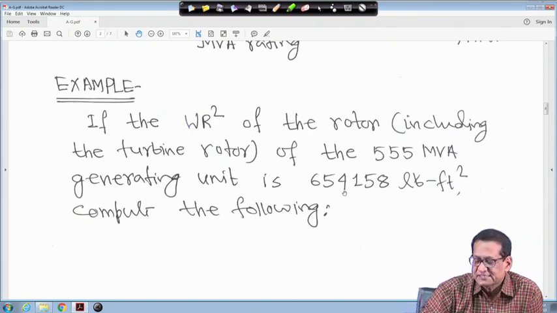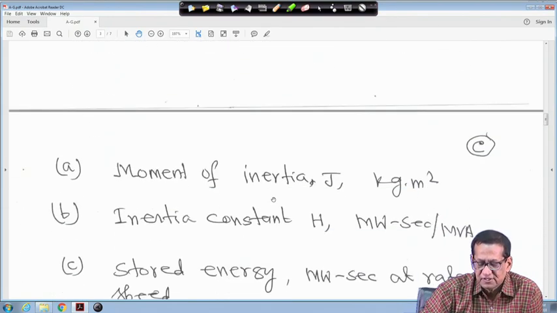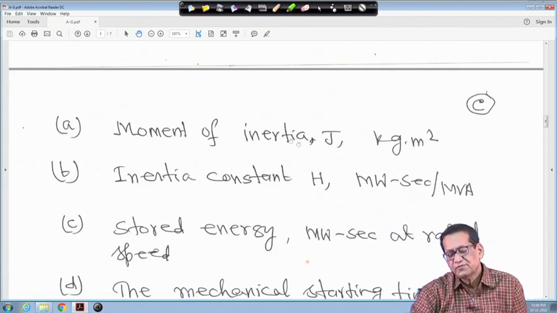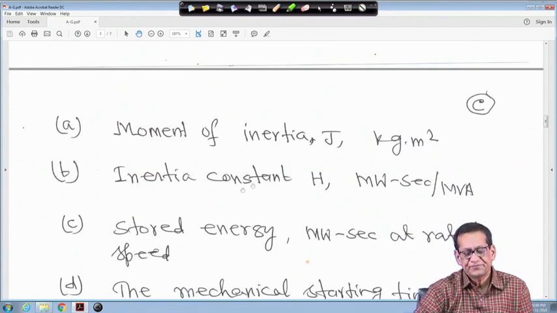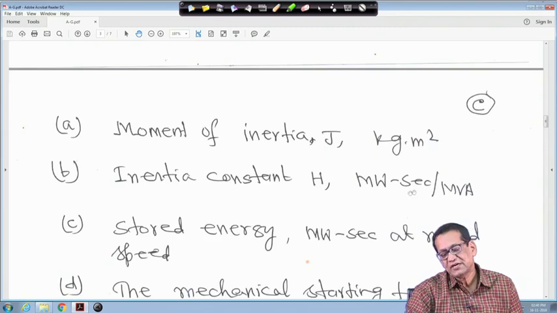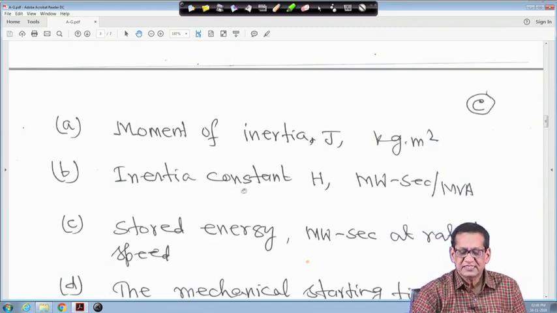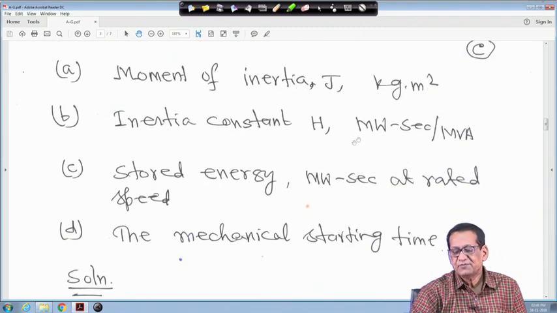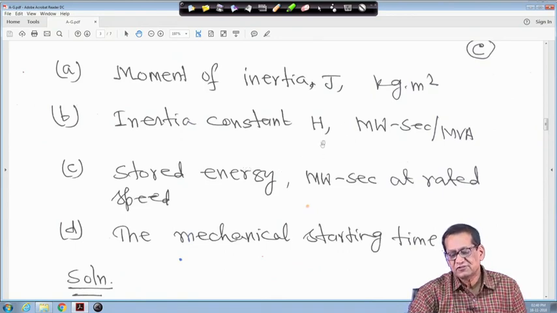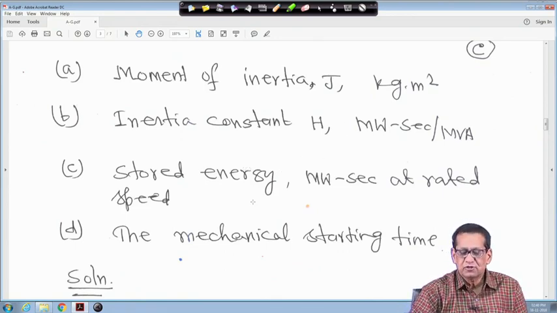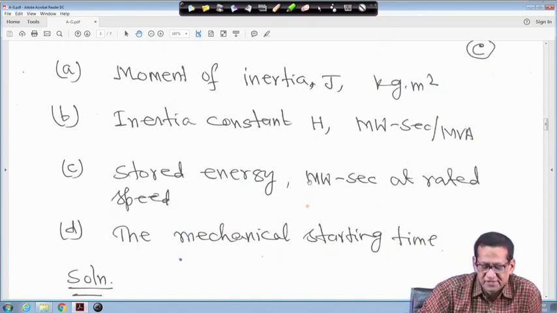You have to calculate the moment of inertia J in kg meter square, the inertia constant H in megawatt second upon MVA, that is basically second, because megawatt upon MVA is dimensionless. So the H unit is second. Then the stored energy, that is megawatt second at rated speed, and lastly the mechanical starting time.